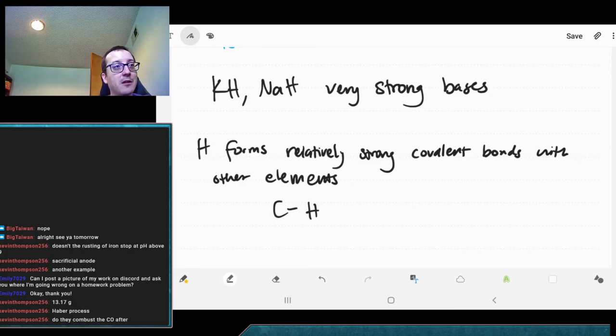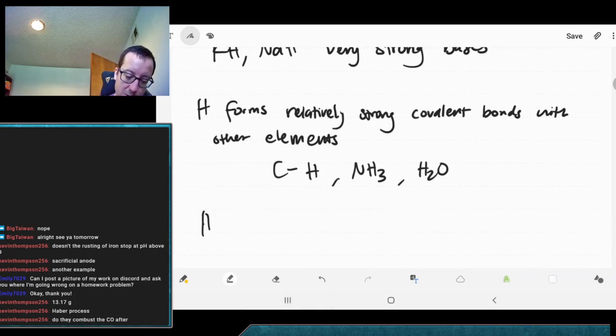We're going to see other elements with hydrogen; ammonia is a common one, water is a common one. These are relatively strong covalent bonds. The water one less so because it can be a little bit acidic. These are very important biological bonds that we have.